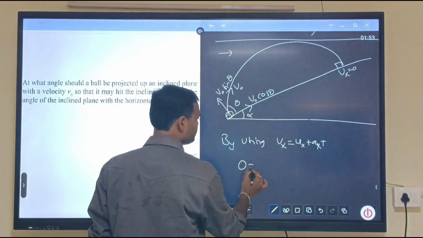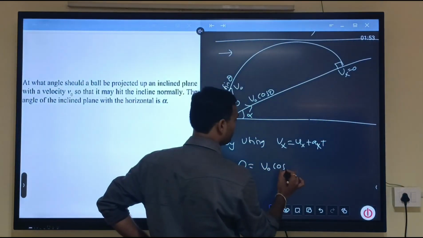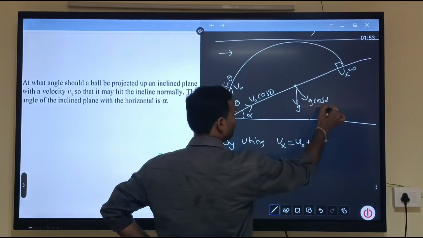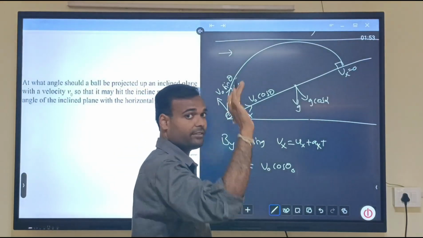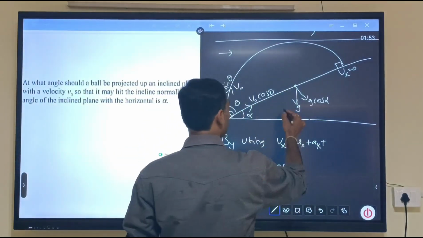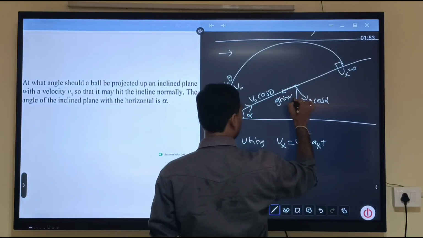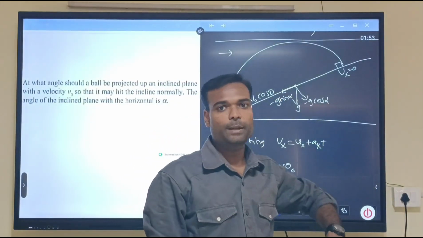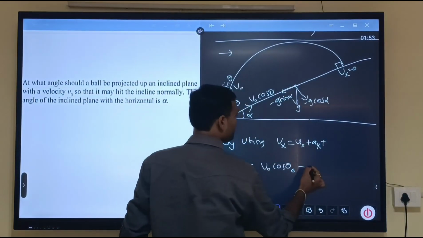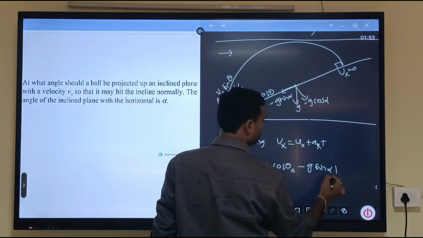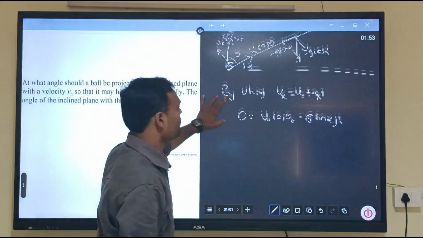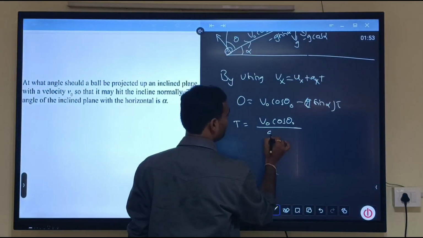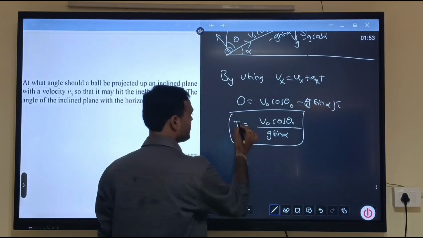Now, Vx is 0, Ux is equal to v naught cos theta, and Ax is g sin alpha, because it is given as alpha, and they are represented in the opposite direction to the direction of motion. So I have to keep them as negative sign. Now, minus g sin alpha into t. Now, this becomes t is equal to v naught cos theta by g sin alpha. That will be equation 1.